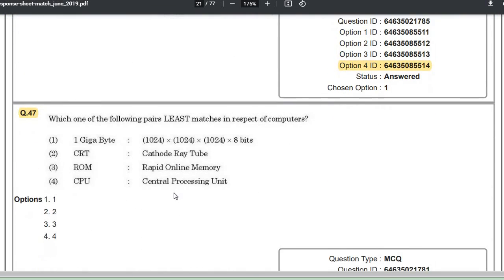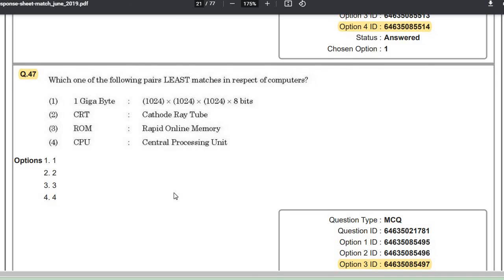Now coming to question number 47. Which one of the following pairs least matches in respect to computers? 1 gigabyte, CRT cathode ray tube, RAM rapid online memory, and CPU central processing unit. 1 gigabyte is equal to 1024 into 1024 into 1024 into 8 bits.